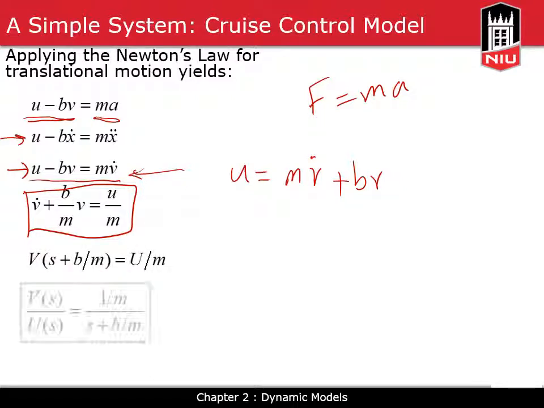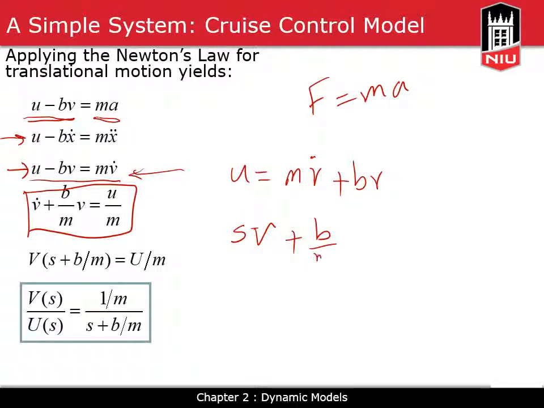But here, take a look at this. If we take the Laplace transform of v dot, that would be s times V. The Laplace transform of the derivative of a variable in the time domain is equivalent to s times the Laplace transform of that variable. Second term, Laplace transform of b over m times v. b over m is a constant, so we leave that there.